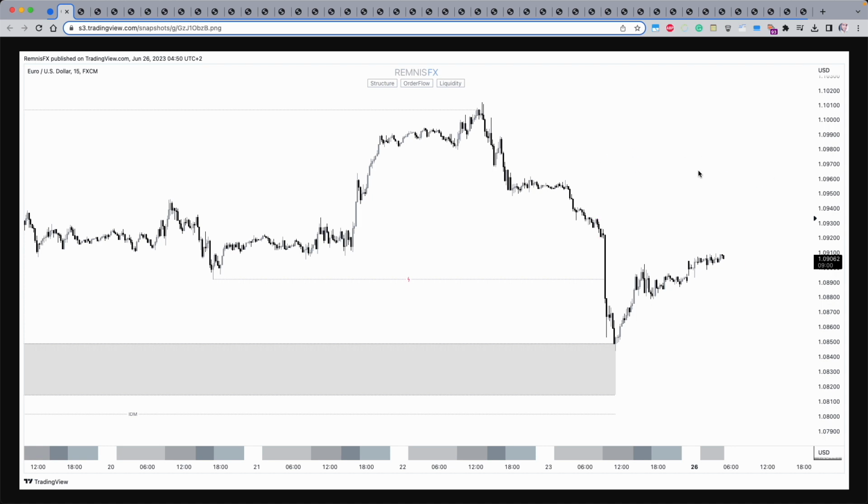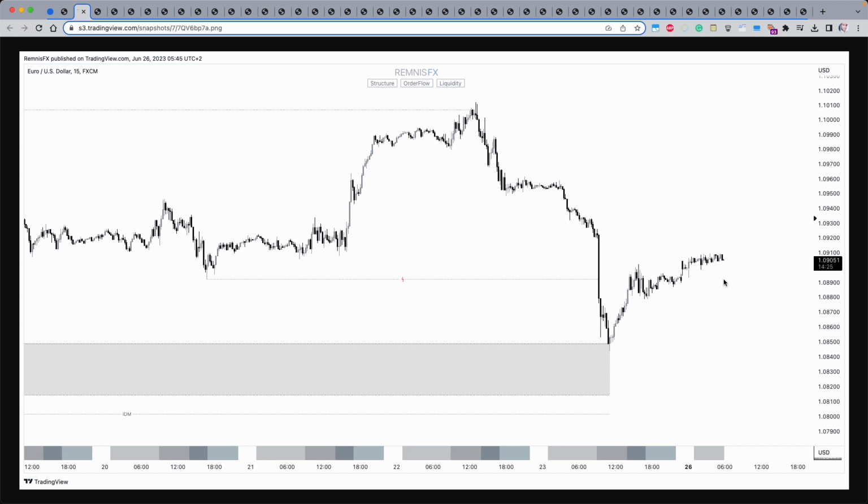I got up early. As we can see, it was around 4:50 a.m. in the morning, so very early. I took my first screenshot, and sometime later I took another one, and there was still not a lot of volume in the market.